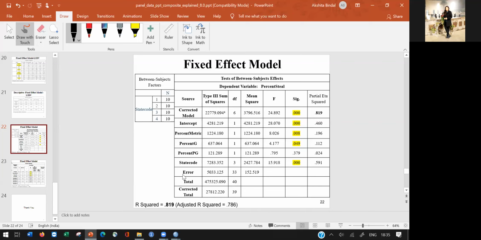Now, if I need to know what part of my model is explained by each individual variable, then it comes out to be that 46% is explained by the intercept term only.